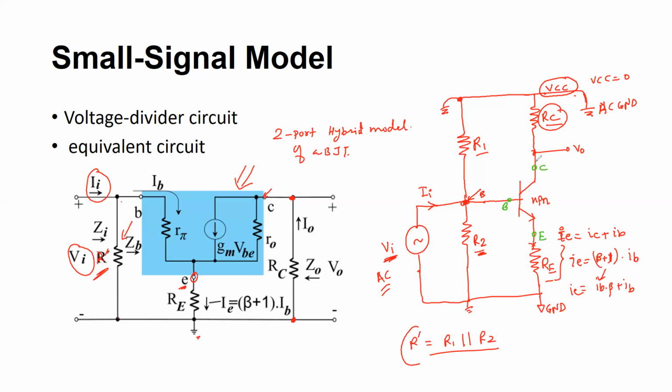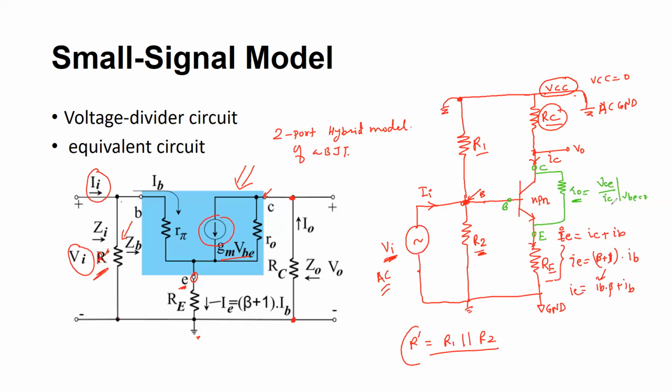Now, the collector current that is flowing from collector to emitter is modeled by this gm times VBE, and I have this resistance RO. This is the output resistance of the BJT, which is basically VCE over IC at VBE equal to 0.